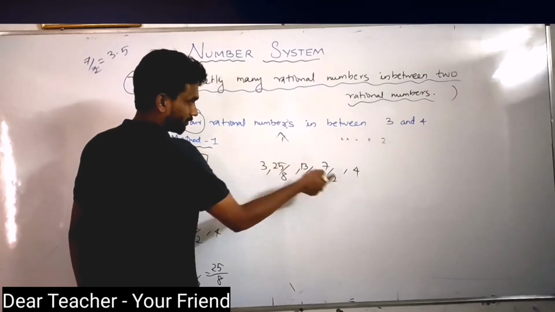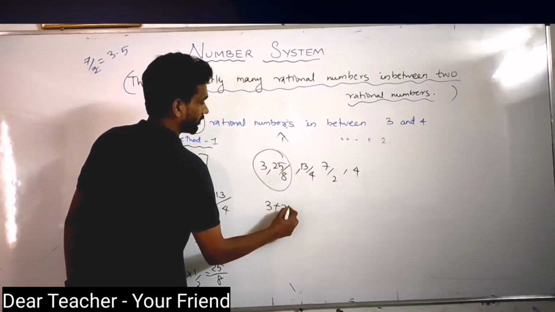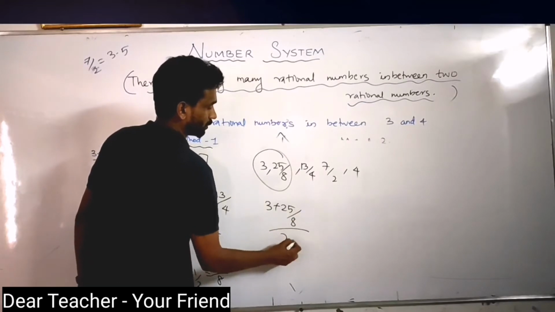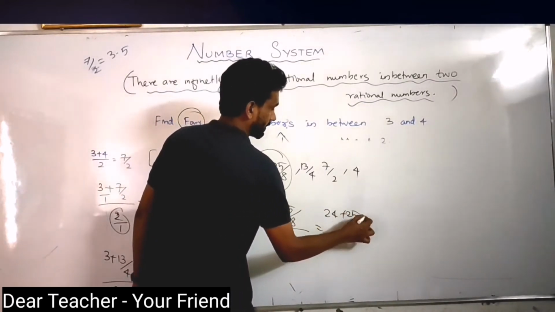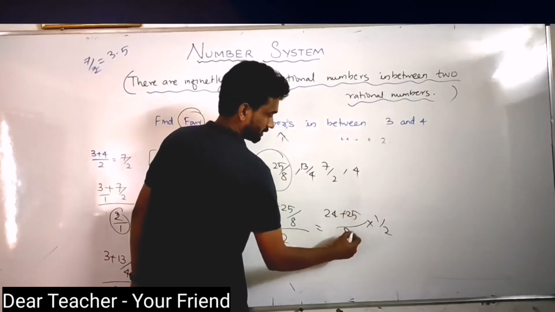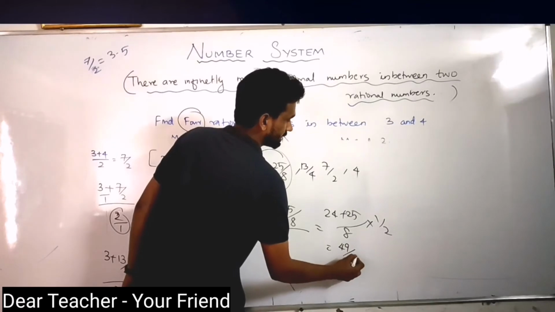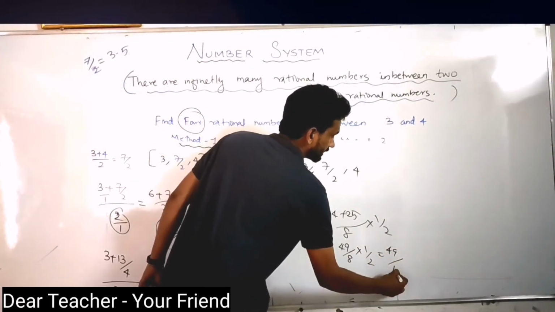Again we need one more number, so we use the same method. 3 plus 25 by 8, divided by 2, is equal to 24 plus 25 by 8 into 1 by 2. So the answer is 49 by 8 into 1 upon 2, that is 49 by 16.